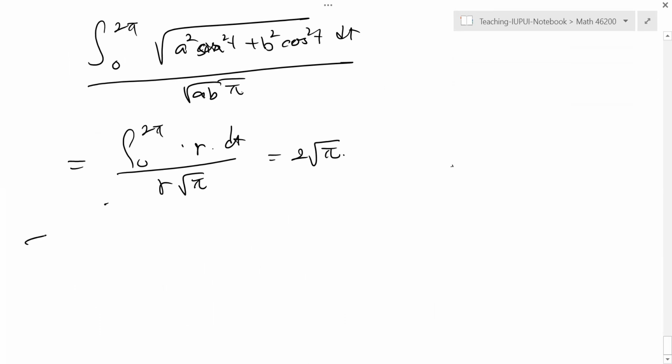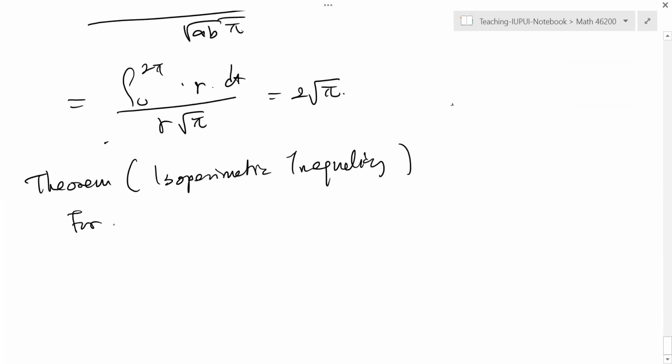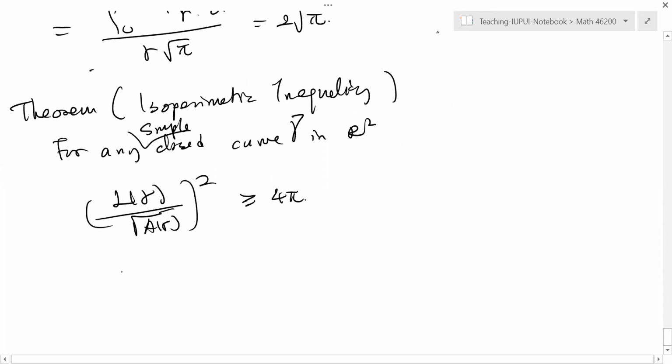It's called the isoperimetric inequality. It says that for any simple closed curve in R2, the length of gamma squared, divided by the area, is always greater than or equal to 4 pi.